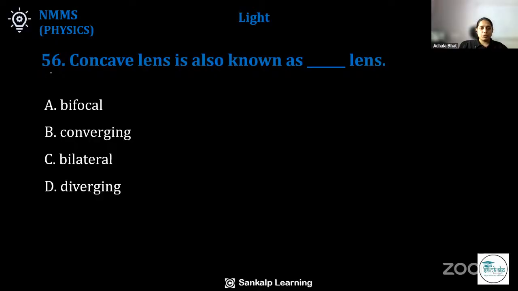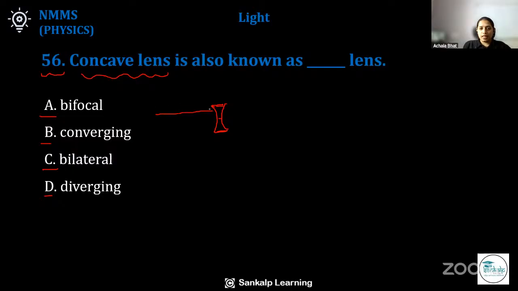Let us see question number 56 of NMMS Physics Chapter Light. Concave lens is also known as dash lens. A. Bifocal lens. B. Converging. C. Bilateral. D. Diverging. This is concave lens, which is thinner at the center and thicker at the edges.